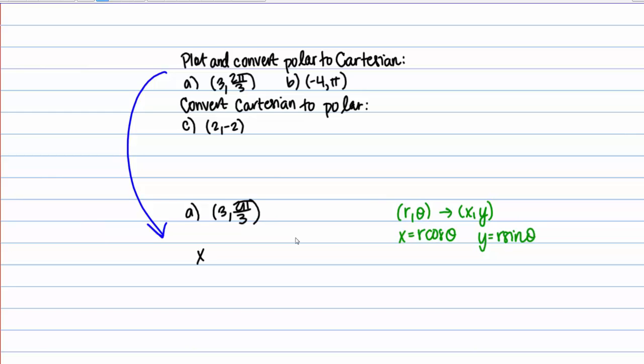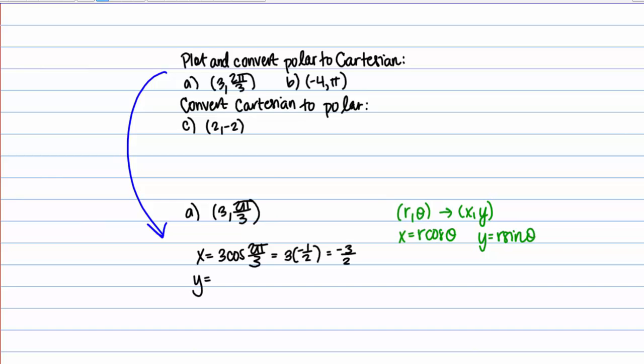So my x coordinate is going to be r, which is 3, times cosine of 2 pi over 3. So we need to know what the cosine of 2 pi over 3 is. And that is negative 1/2. So we have 3 times negative 1/2, or negative 3/2.